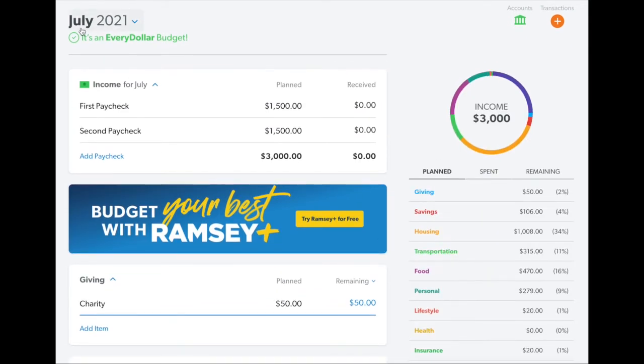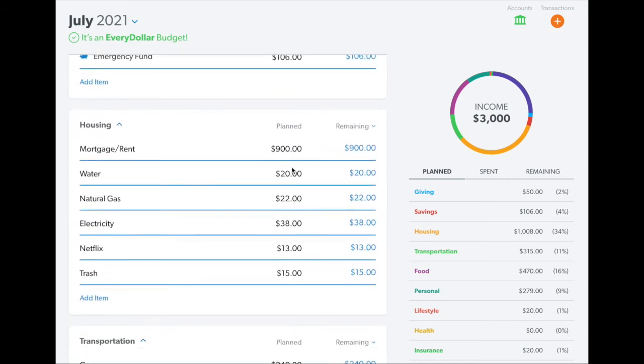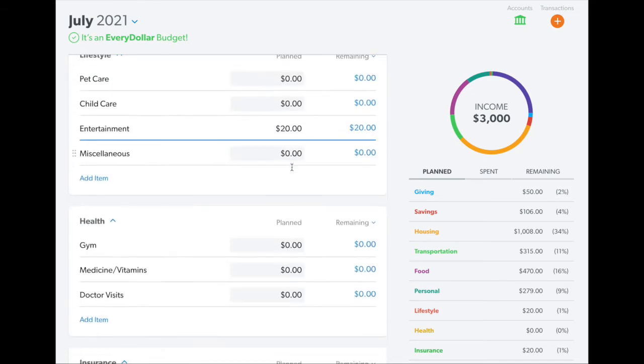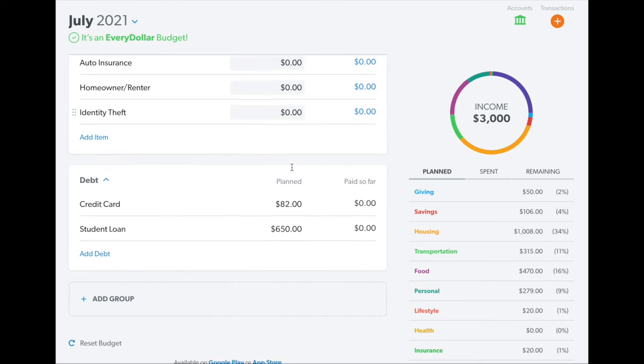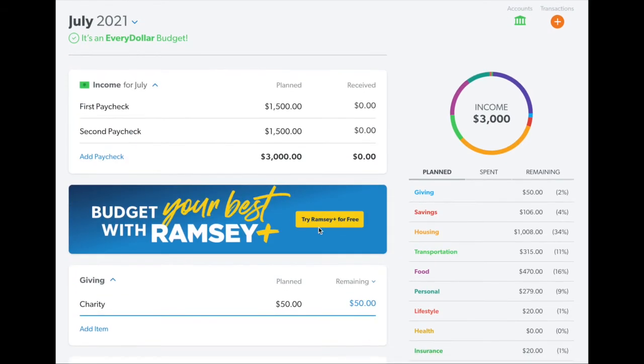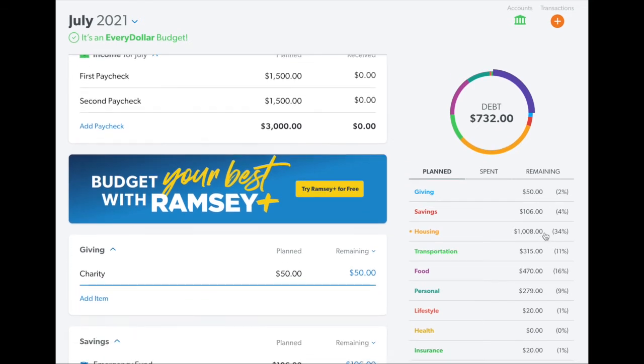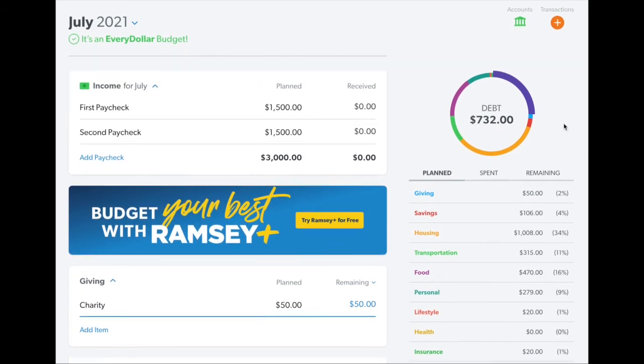So now this changes. I've allocated every dollar of income that I plan to have for the month. As you can see, every dollar is in a category. Maybe I'm spending it on something, maybe I'm saving it, or maybe I'm paying it towards my debt, but there's a plan for every single dollar. The nice thing about this system is you can look over on the right and see a general percentage of your income that you're spending in all these categories.